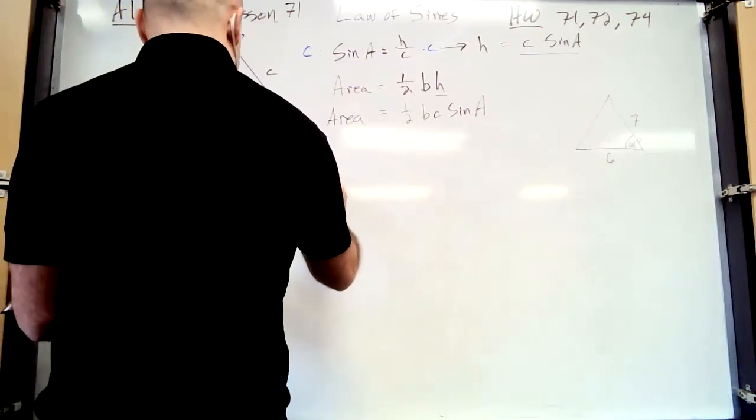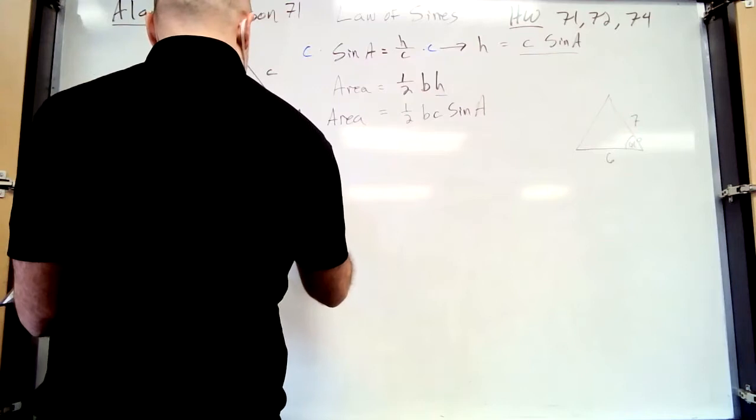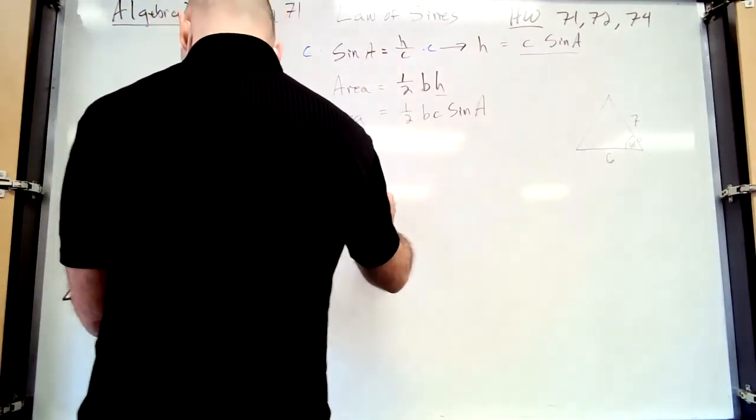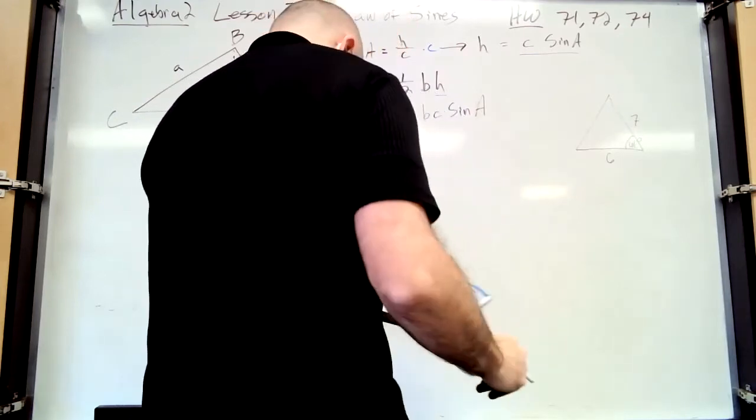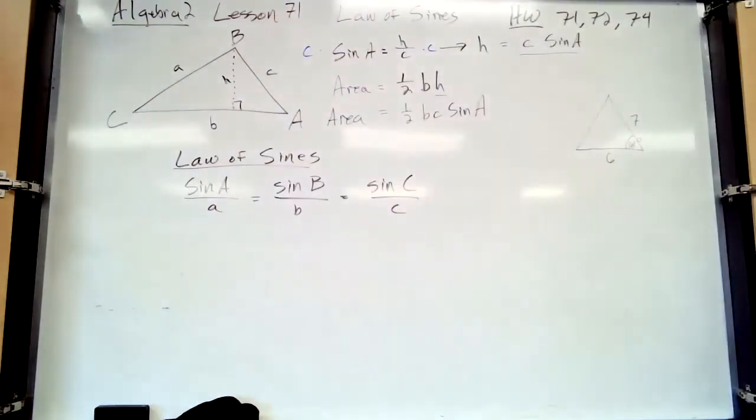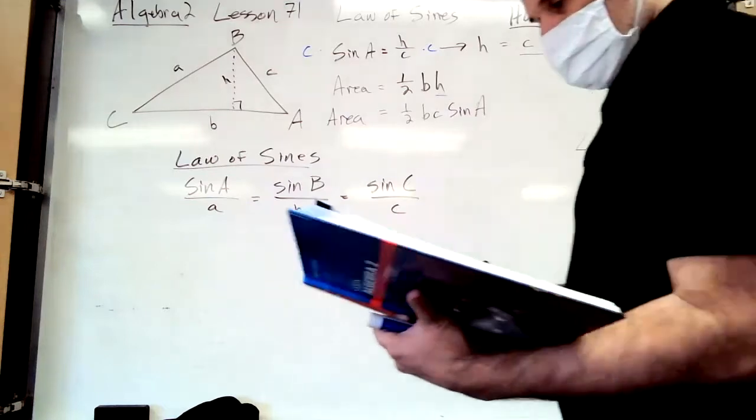Okay? Sine of A is to A as sine of B is to B as the sine of C is to C. Okay? So now this is helpful because based on what you're given, you can plug whatever you have into this to figure out anything you want. Okay?